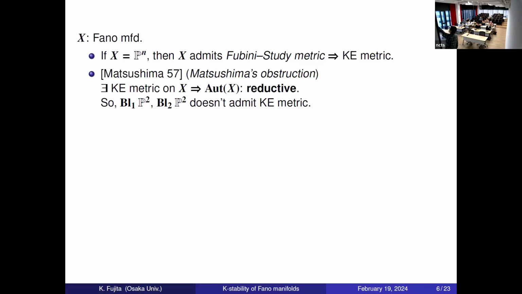So, from this Matsushima's obstruction, the del Pezzo surfaces of this and this type do not admit a Kähler-Einstein metric, because the automorphism groups of these are not reductive.